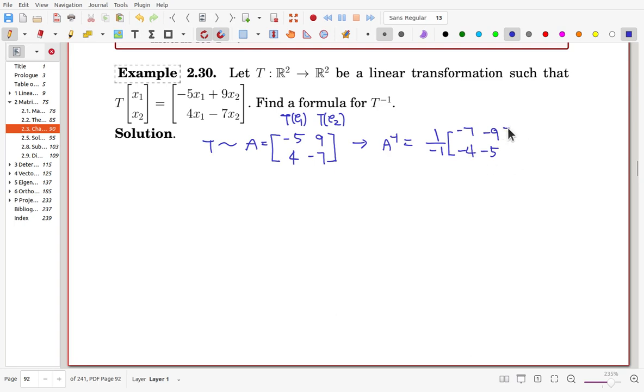From this one, we eliminate the negative sign: 7, 9, and 4, 5.